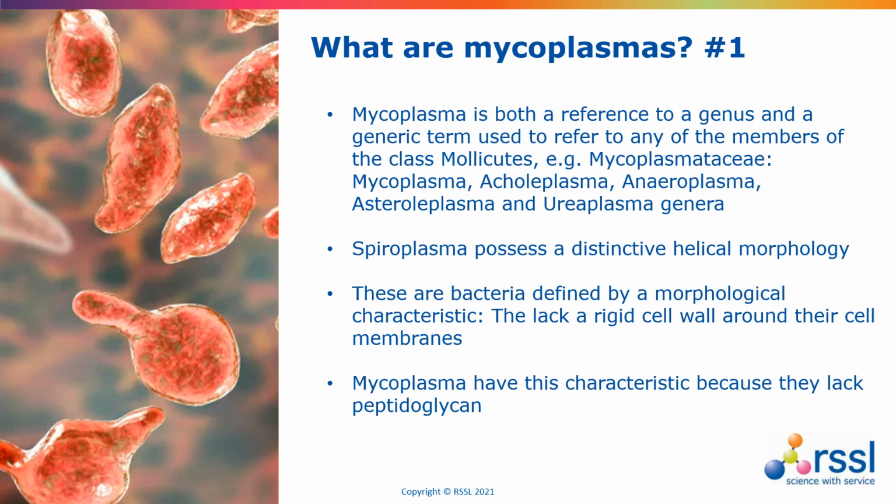So what all these organisms have in common is that they're defined by a morphological characteristic, and that is the lack of a rigid cell wall around their cell membranes. There's a slight dispute within microbiology whether it's a complete absence of a cell wall or whether there is something vaguely resembling one, but it's nothing like the typical cell wall that you get around most of the standard bacteria.